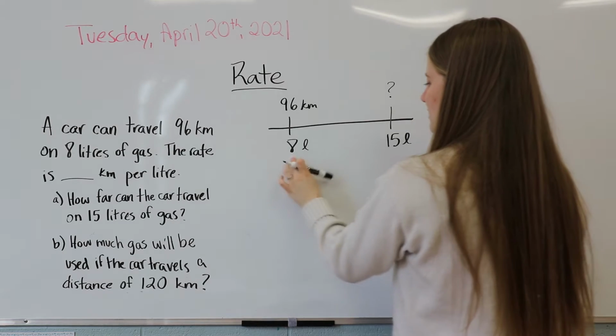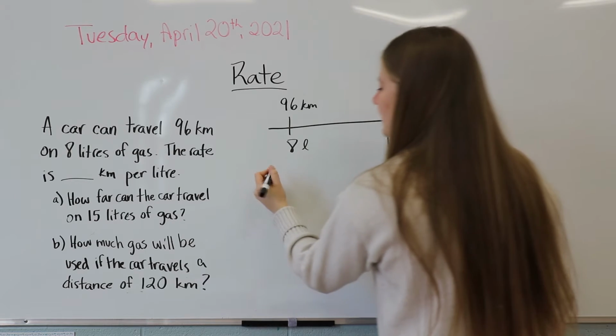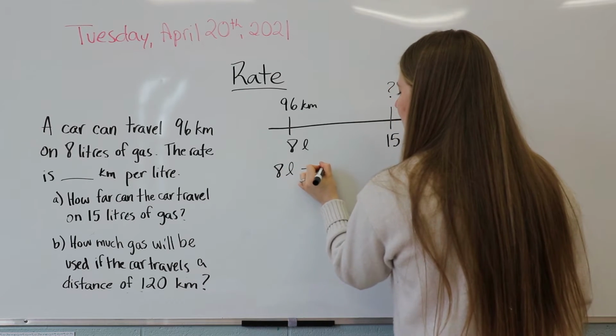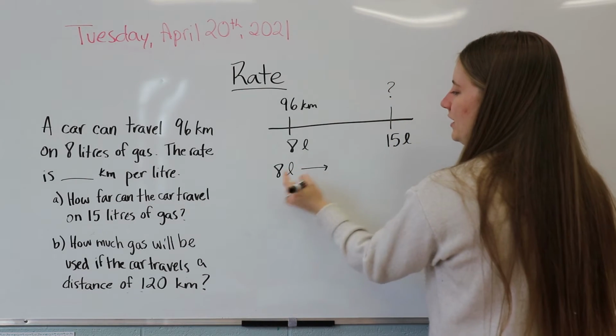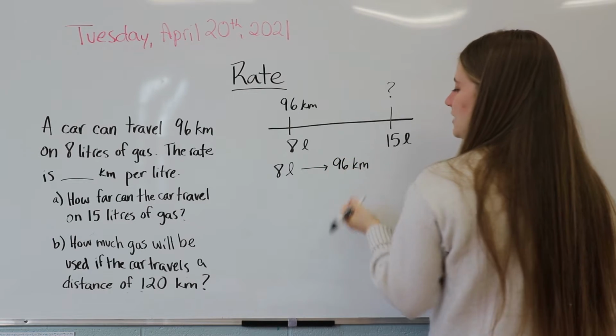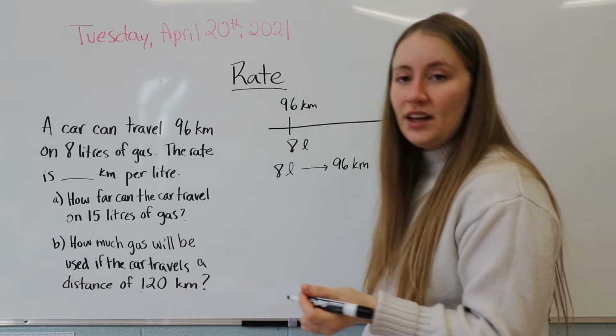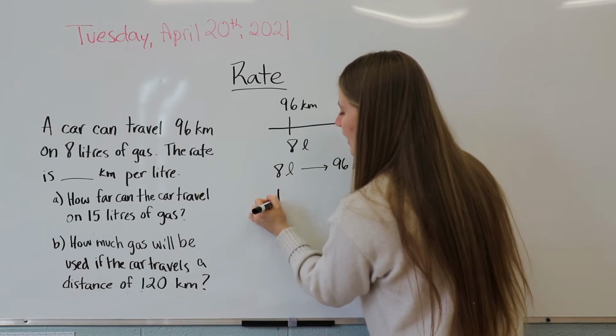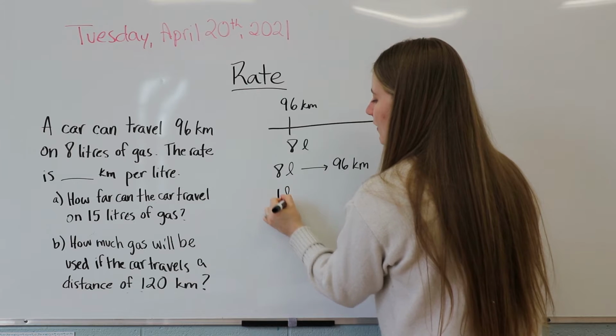Because we have been given 2 values for liters, liters is going to go on the left side of our arrows. And we've got our first representation being 8 liters to 96 kilometers, okay? And so we know that the first step is to find the value of 1, and in this case, it's 1 liter.